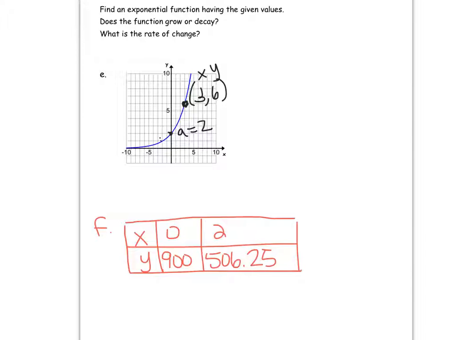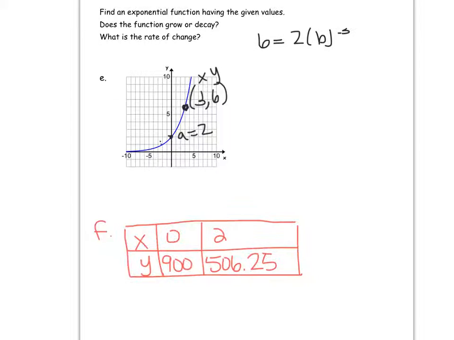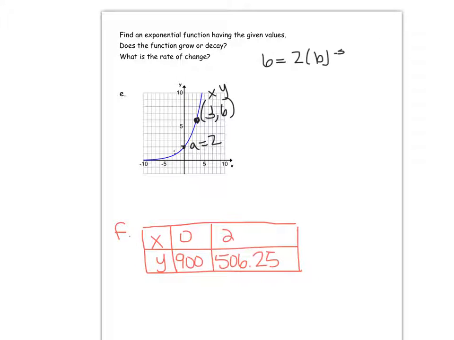Alright, so y equals A times B to the x, which will be 6 equals 2 times B to the 3rd. If I can get my stylus to write a 3rd. Okay, that's ridiculous. There we go. So now we want to divide by 2. Always divide by the A. 3 equals B to the 3rd.